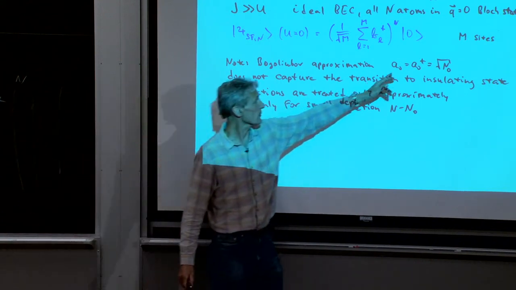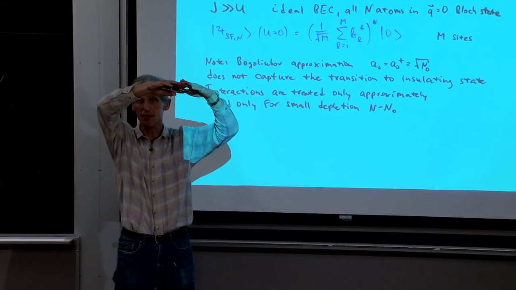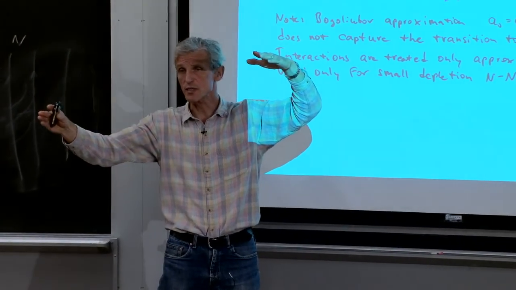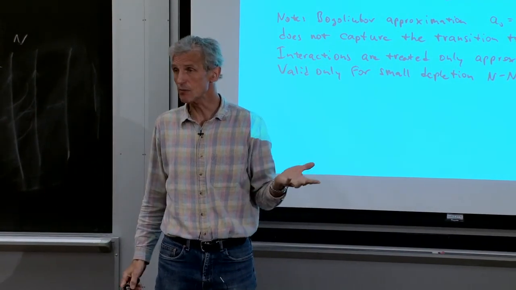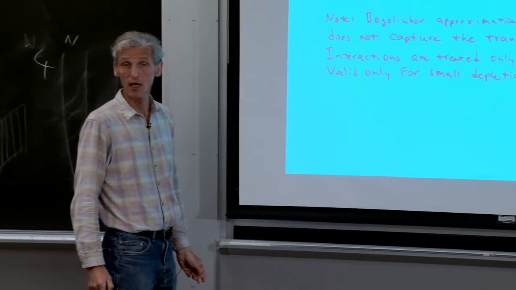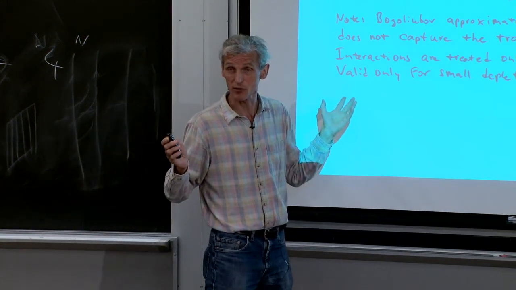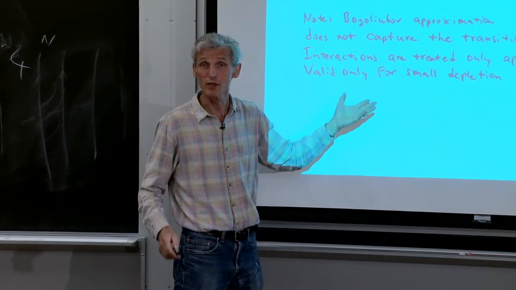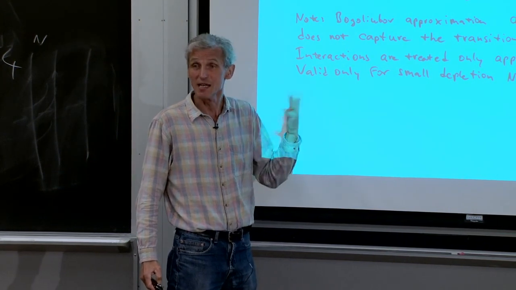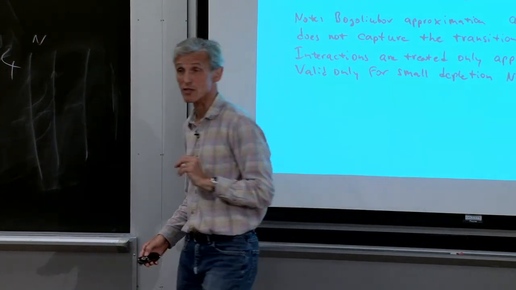The nature of this approximation is that you need n0 to be large, but we are interested in when the condensate wave function turns to 0, and in the insulator it becomes 0. So we are actually interested in the opposite limit. If you make the approximation nevertheless, you will find that you never get the insulating state, because you've pretty much eliminated the possibility to describe an insulating state.